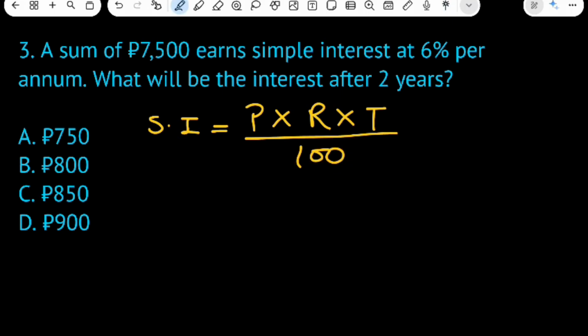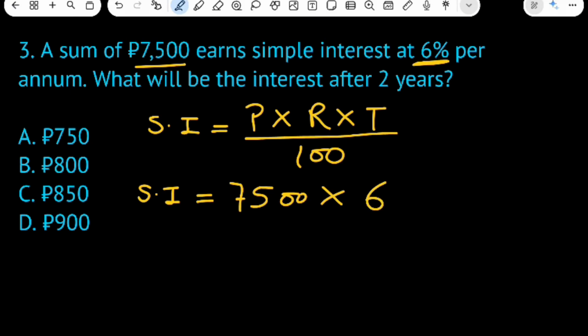Now moving ahead with the quantities available in the question, we have the principal, that is 7,500. We have to multiply it with the rate. The numeric term with the percentage symbol is always the rate, that is 6%, and we are also provided with the time frame, that is 2.